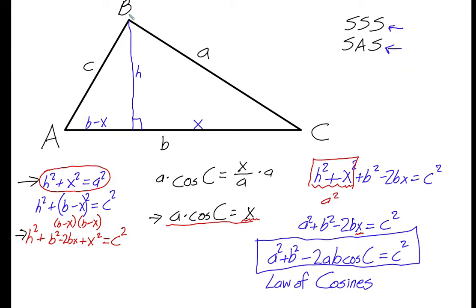Let's see one real quick, and we'll try one like this. I know that in this triangle, this length is 4 units long, this length is 6 units long, and this is a 30-degree angle. I don't know what this is, but if we think of it as A, B, and C, we could say this is our angle C, which would make this little c, and then the other two can be little a and little b.